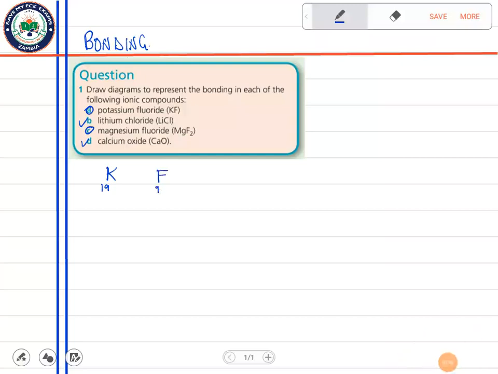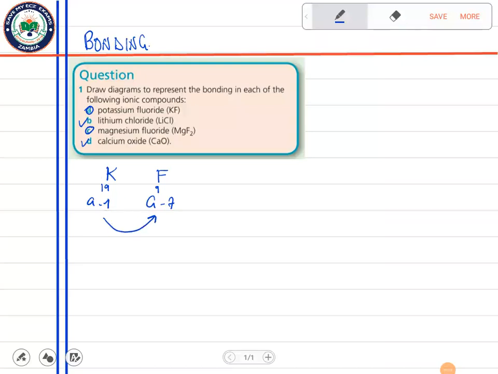Potassium is in group 1 of the periodic table, and fluorine is in group 7 of the periodic table. Now, by virtue of potassium being in group 1, it means it's going to lose 1 electron to fluorine, and fluorine is going to accept 1 electron from potassium in order to be stable.